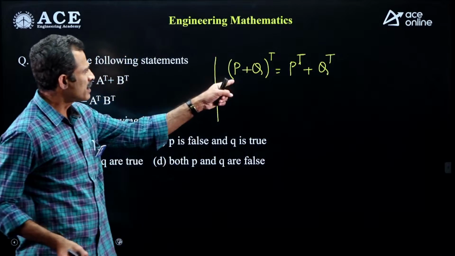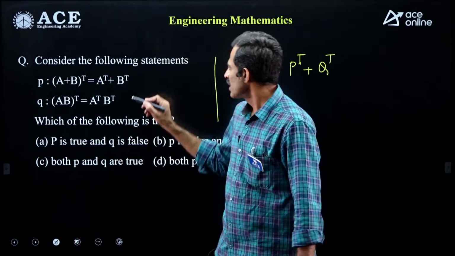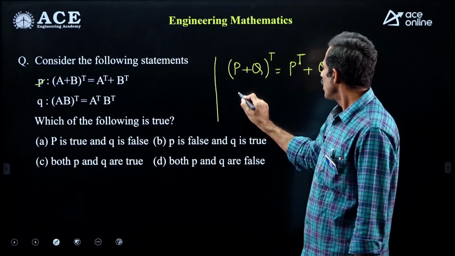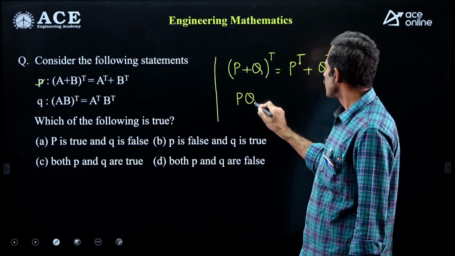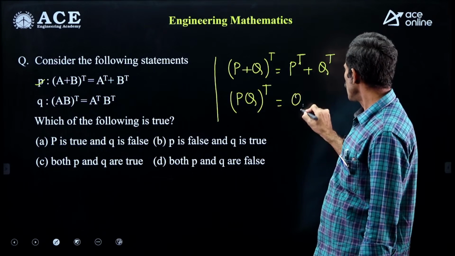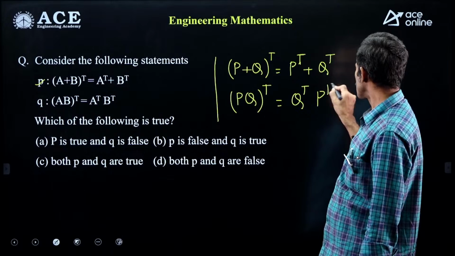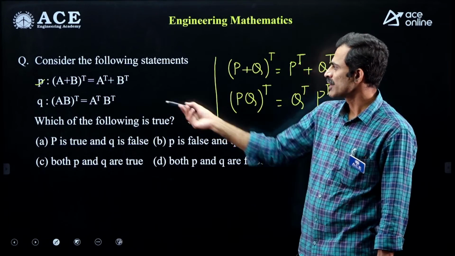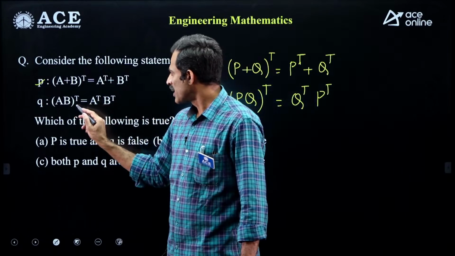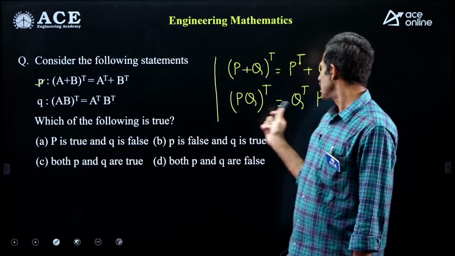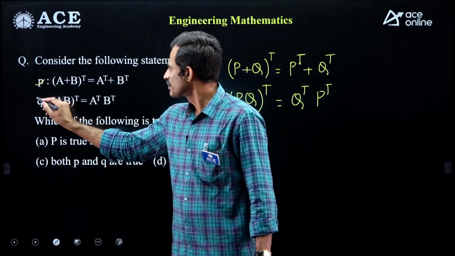So from this property, we can say this is the correct statement, a true statement. Next, the product of two matrices. The transpose of the product of two matrices equals Q transpose into P transpose. So from this property, we can say this is a wrong statement. We start with the last matrix and move back for each variable transpose. So the correct statement is this, and therefore this is wrong.